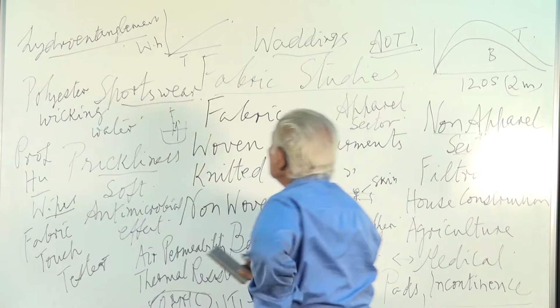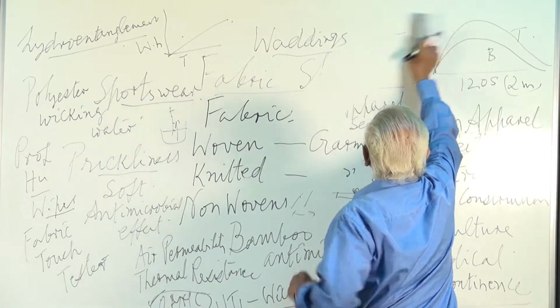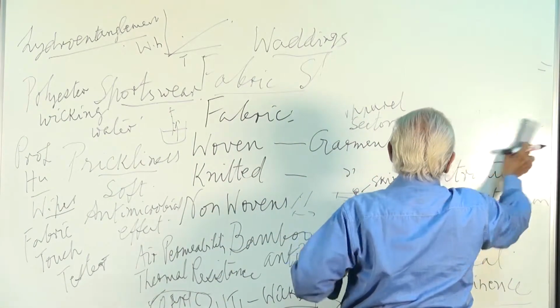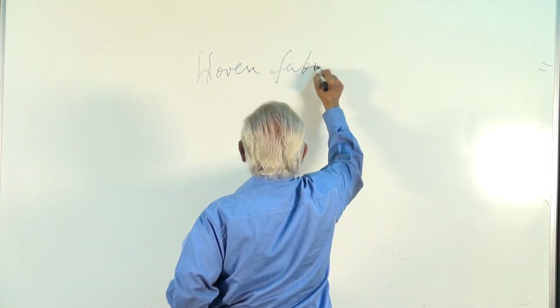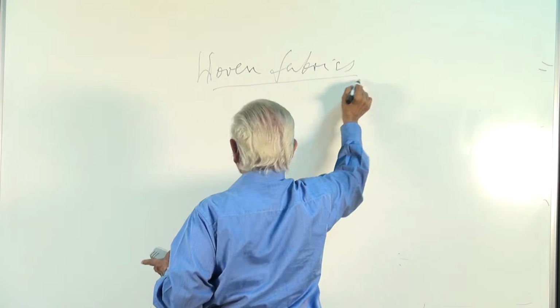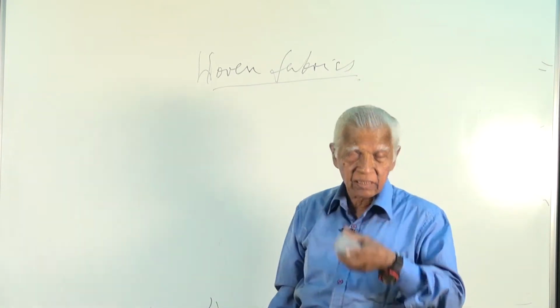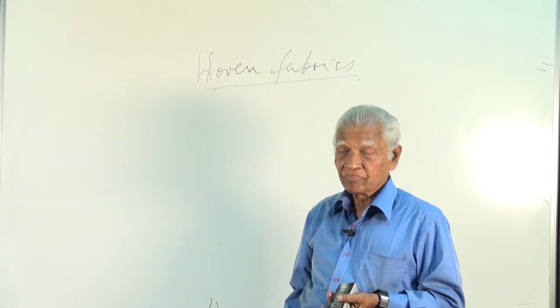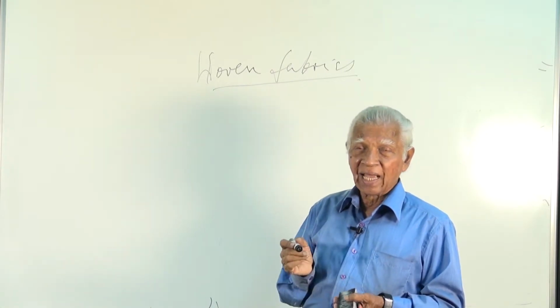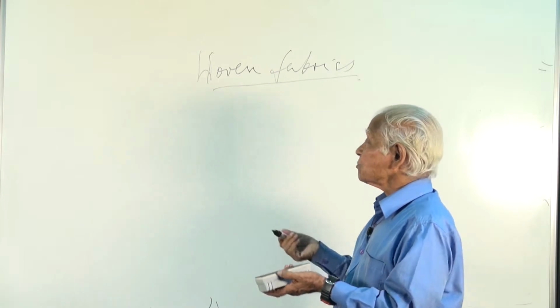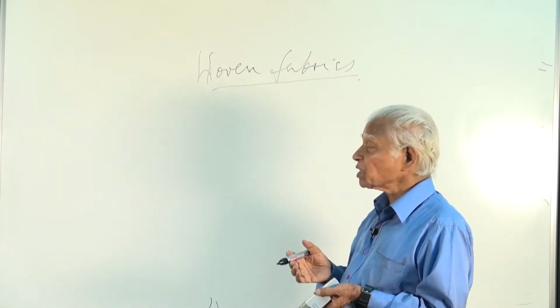Now let us talk something about these woven fabrics and the structure of them. Textile materials are like engineering materials, except that they are not that hard as steel or other metals, but they are more flexible.